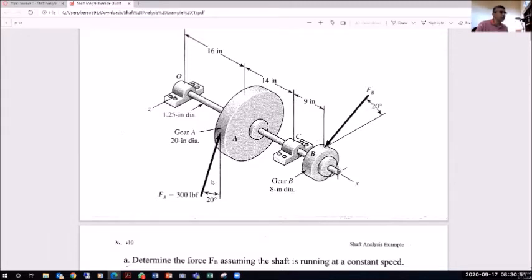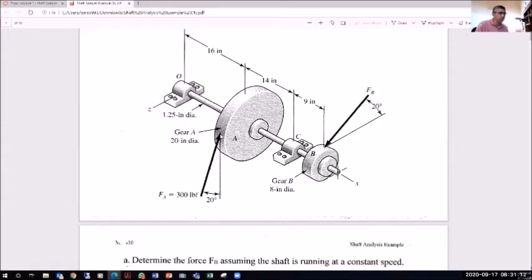So if I calculate the torque at A or torque at B, they should be equal. And simply the torque extends between A and B. So what we're doing here, if I find the tangential component, the 300-pound force times cosine 20 would give me the tangential component.